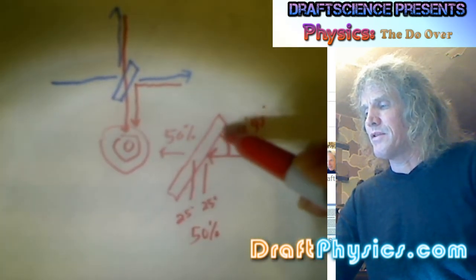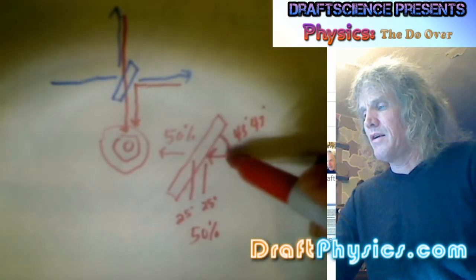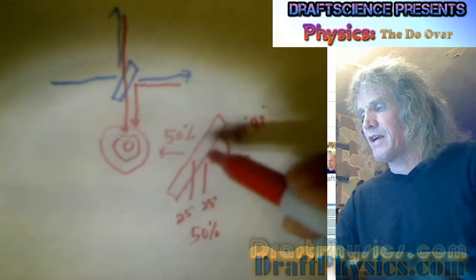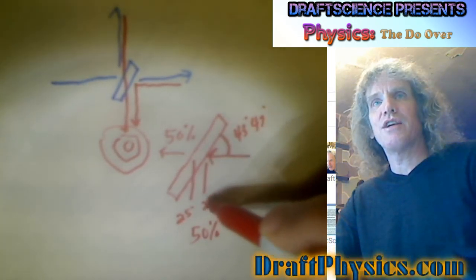So this is the simplest beam splitter you can create. Doesn't create any distortion in the beam. The two beams, the one that goes through and the one that reflects, will be the same. The light won't change any.